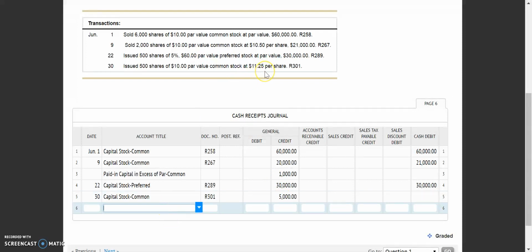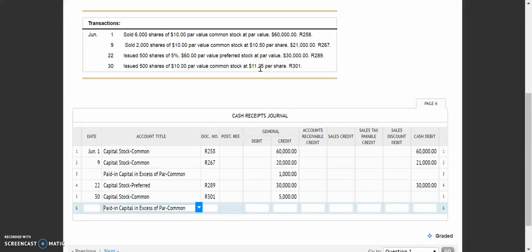Then because we sold them at 11.25, we have some in excess. So we say paid in capital in excess of par, common. And we take the difference here. So it's $10, 11.25 minus 10 is $1.25.